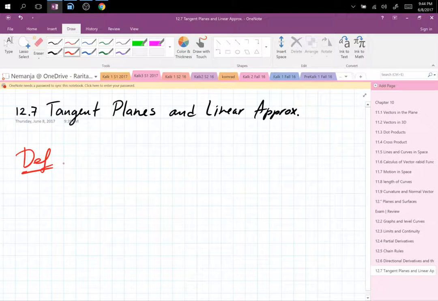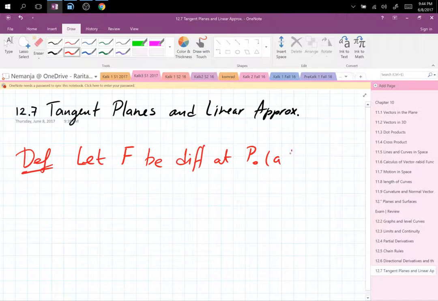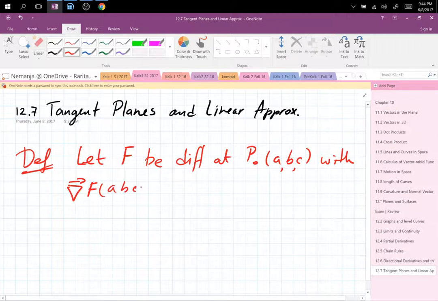So the definition states, let f be differentiable at the point p0, which is the point A, B, C, with del f at A, B, C different than 0.